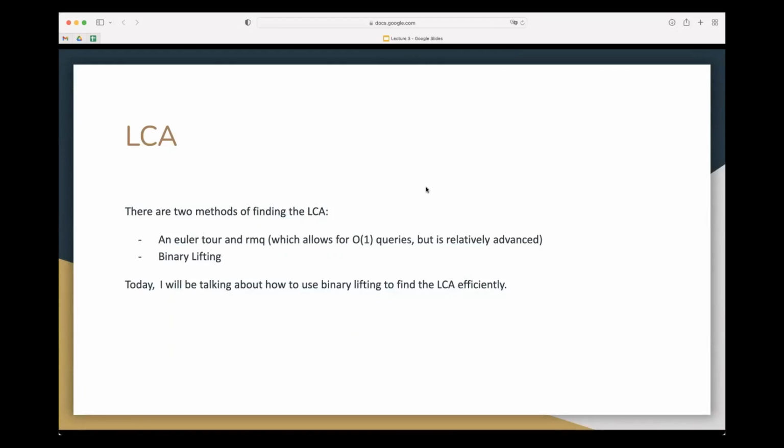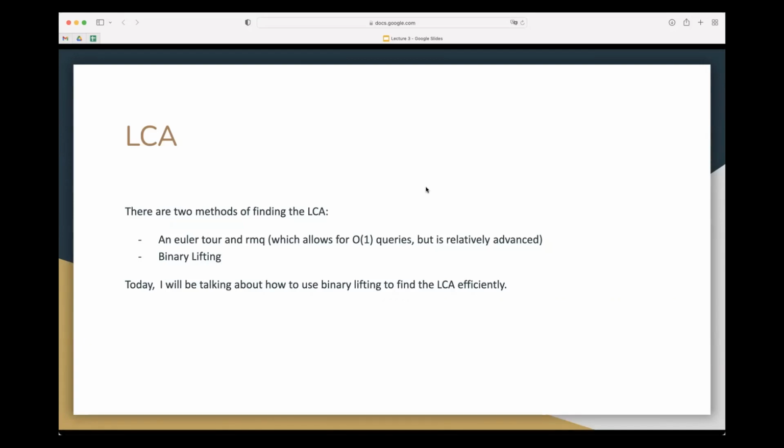But if you use a sparse table, it'll actually allow for O(1) queries. So this method allows for O(n log n) pre-computation and O(1) queries, which is technically strictly better than binary lifting.